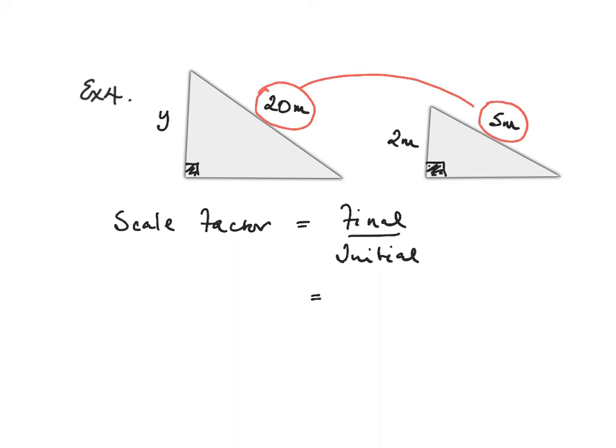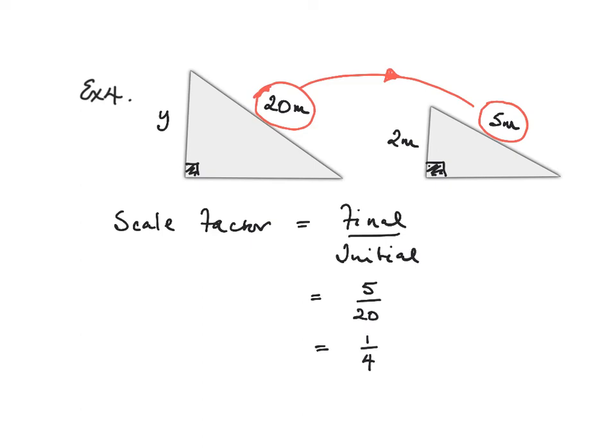In fact, I think that's what we'll do. We'll take the 20 as the initial length, and the 5 as the final length. So if the final is 5, and the initial is 20, what do we get? We get 5 over 20, which is 1 over 4.